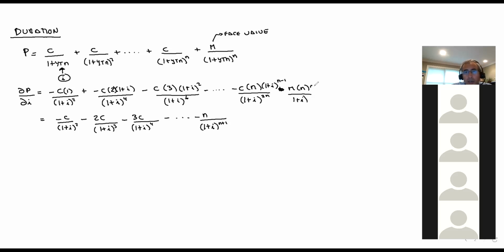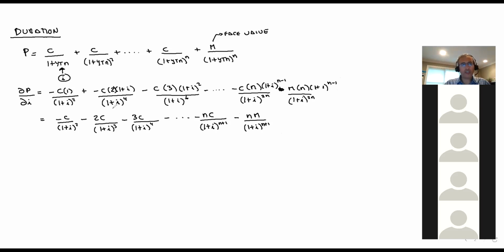Also, this one here is 1 plus I to the n minus 1, and this one here is going to be 2 times n. If you simplify, guys, this is going to be minus nC, and finally minus nM over 1 plus I to the n plus 1. Okay, so this is the derivative, guys.